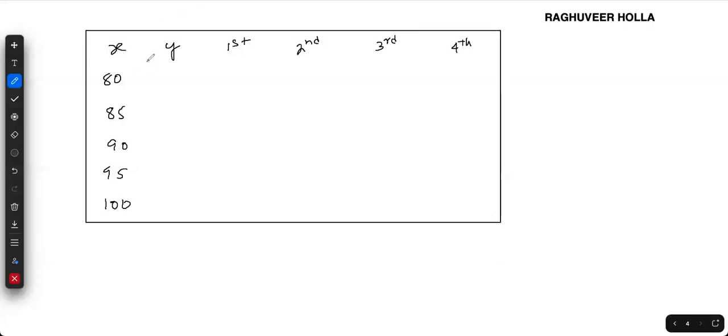We find the corresponding x and y. So this is y: 6362, 7088, and 7854.